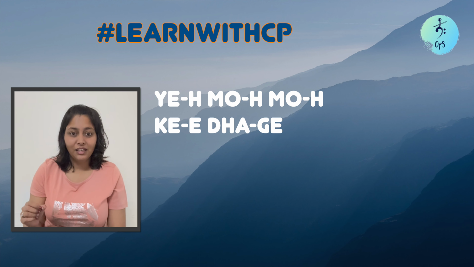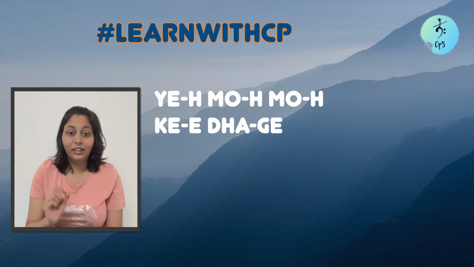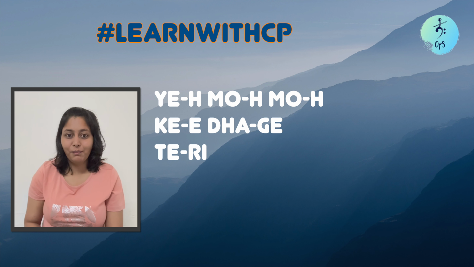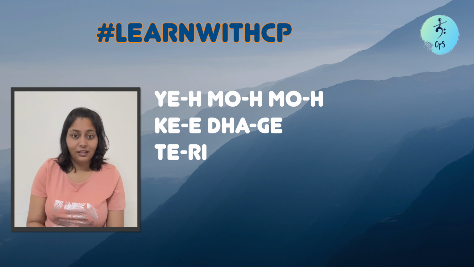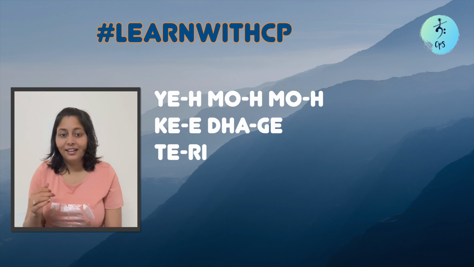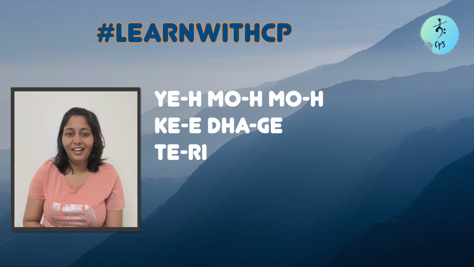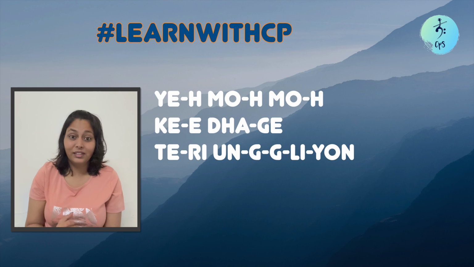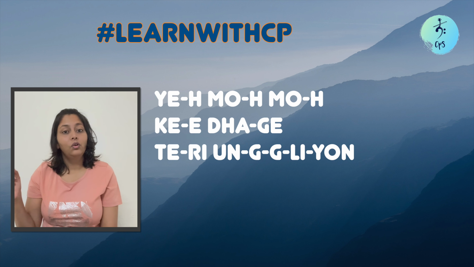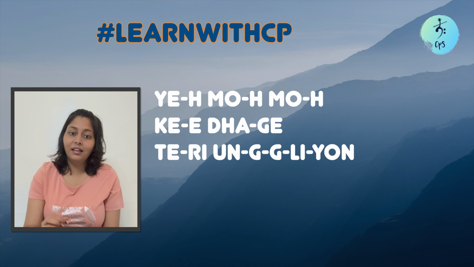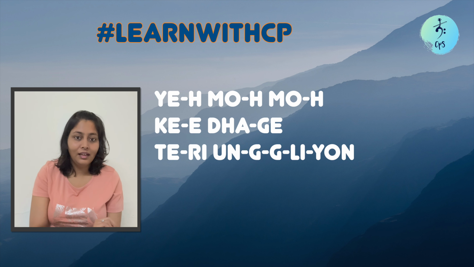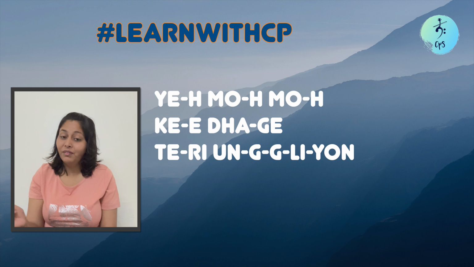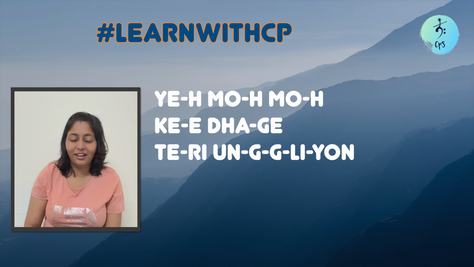Going further. Teri. So the te of the teri starts one step higher than where we left. Dhaage. We left here. Teri. Okay? Ungliyo. So this has 5 notes, right? Ungliyo. So what we are doing? We are again going up and then sliding down, right?